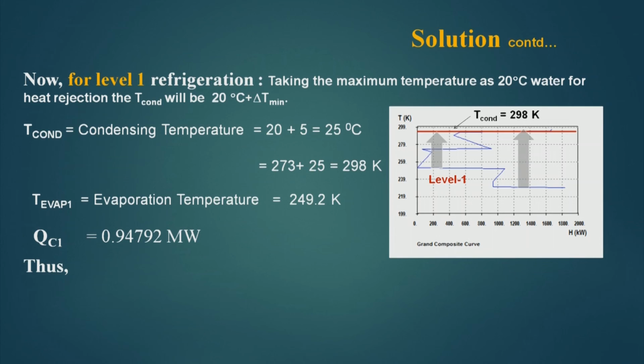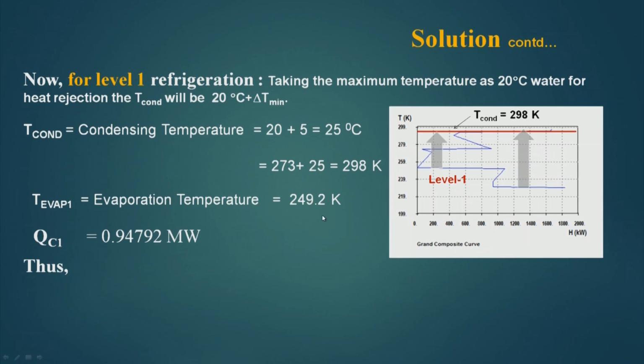If I design for winter taking it to be 15 degrees centigrade, then this condenser will not work in summer. That is why we have taken the maximum temperature of 20 degrees centigrade, and then we have added the delta T minimum value, so it becomes 25 degrees centigrade. We add 273 to it, which converts into 298 K. So, this is the temperature of the condensing stream, which will obviously be a refrigerant in this case.